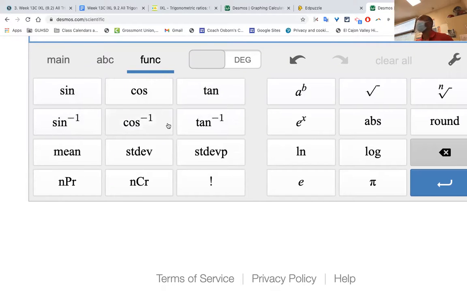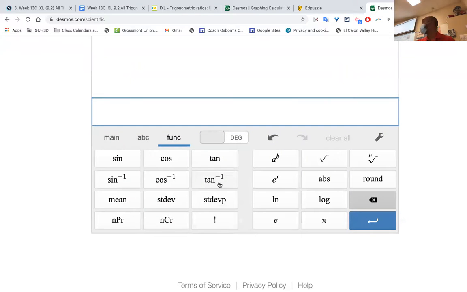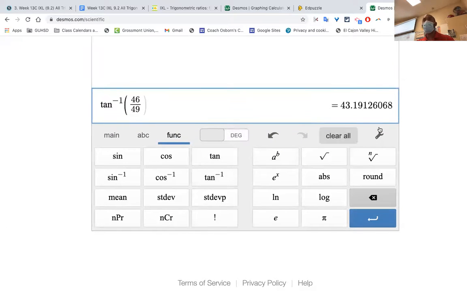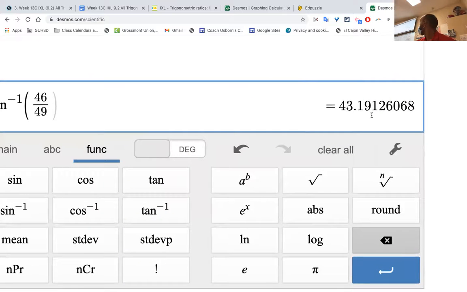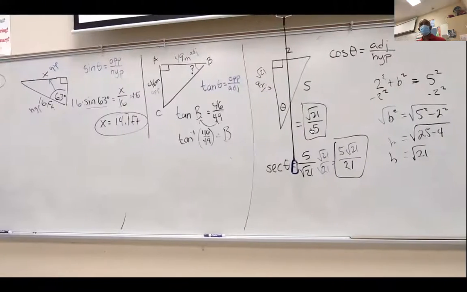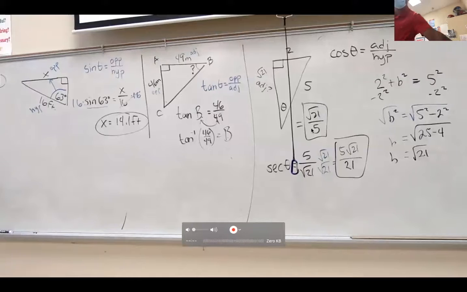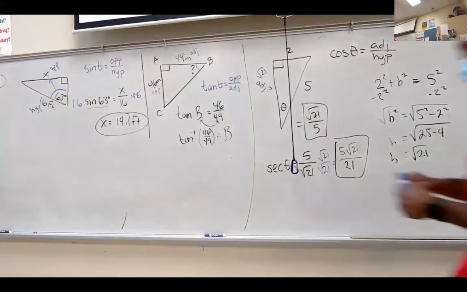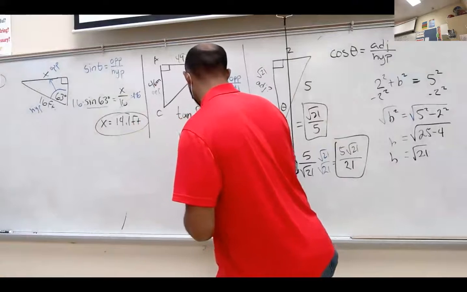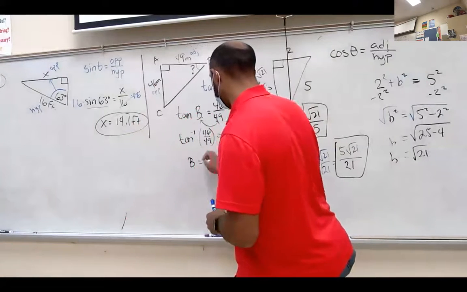So that's how you get to the inverse. For this one, I'm going to type tangent inverse of 46 divided by 49, and there it is. Let's say we round to the tenth: 43.2. B is equal to 43.2. Remember, we're talking about an angle, so put degrees.